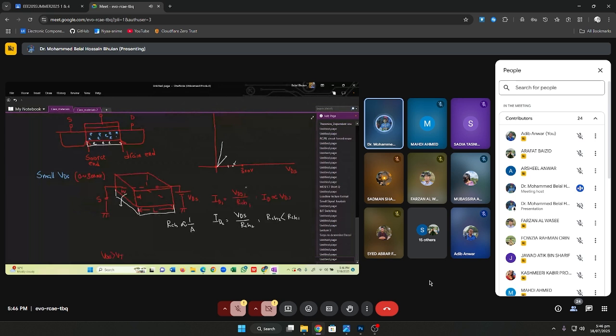But the current will increase slowly. It is no longer going to increase linearly.